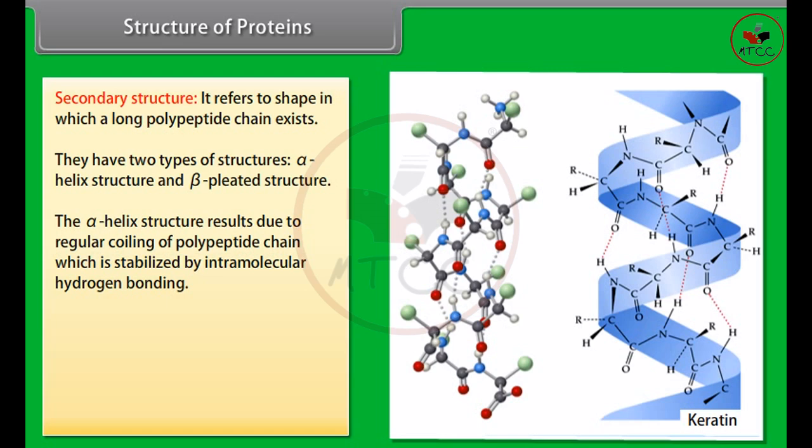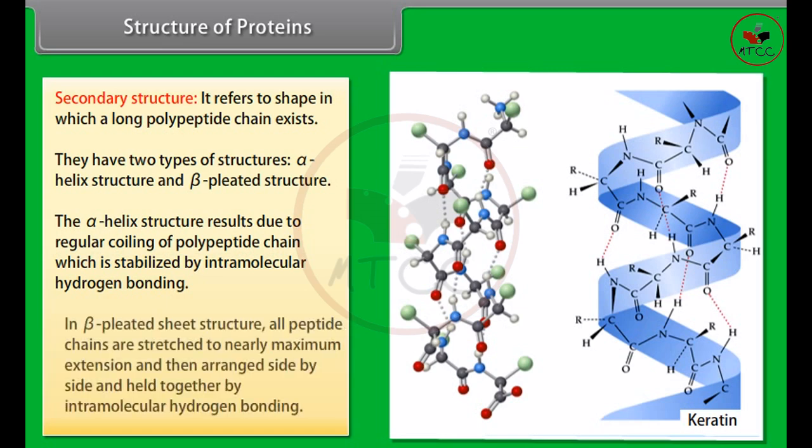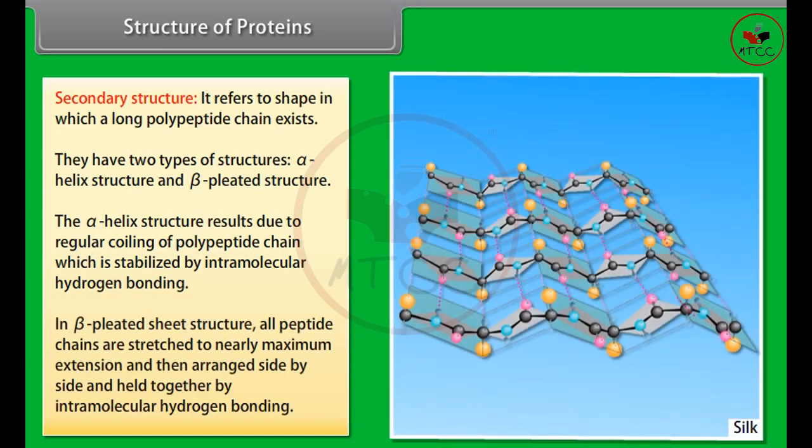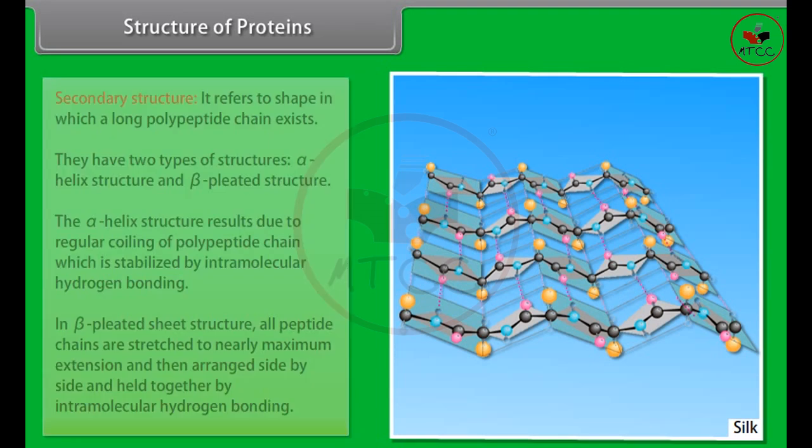For example, keratin. In beta pleated sheet structure, all peptide chains are stretched to nearly maximum extension and then arranged side by side and held together by intermolecular hydrogen bonding. For example, silk.